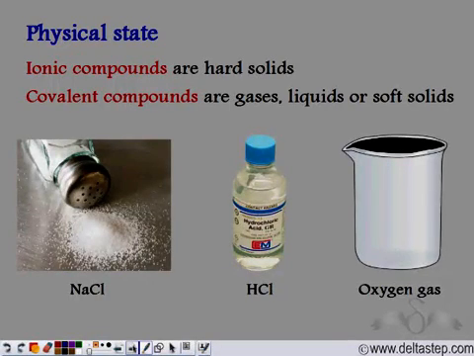For example, acids like HCl are in liquid state, and all the gases, for example oxygen, nitrogen, chlorine, are covalent compounds and they are in gaseous state. So the covalent compounds are generally liquids or gases, or at times they are soft solids.